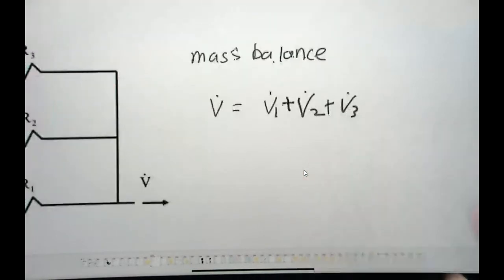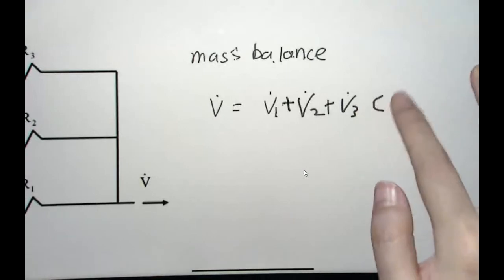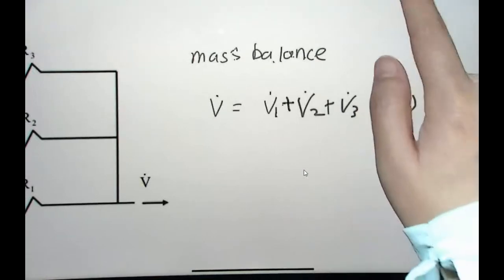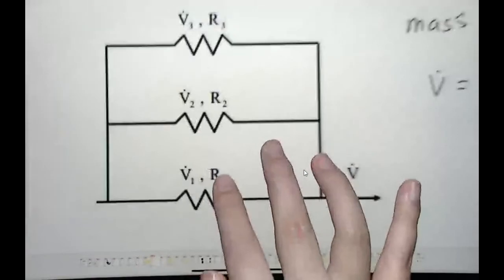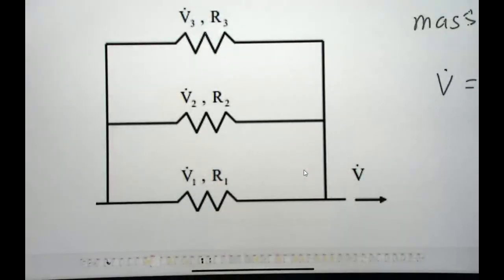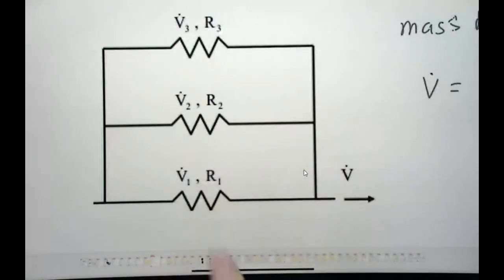So this is the first equation. And the second equation is we look at the total pressure loss.